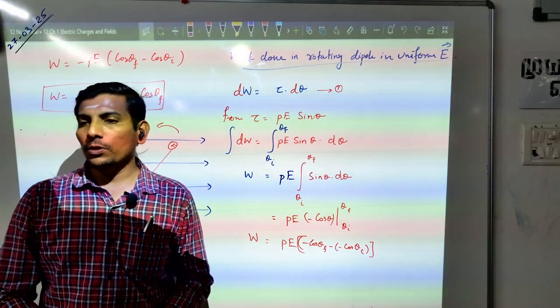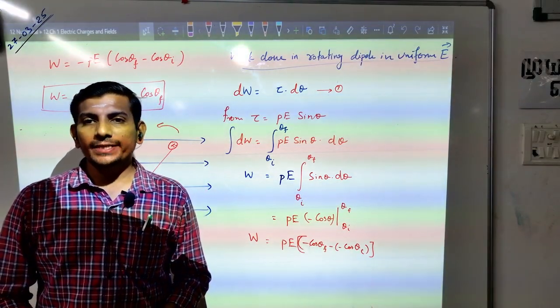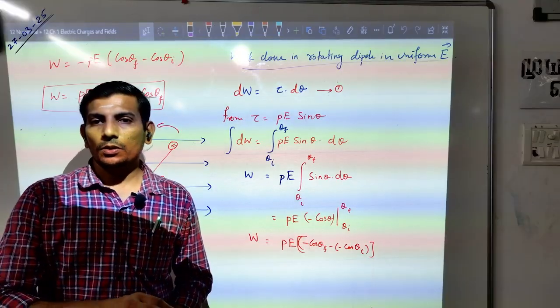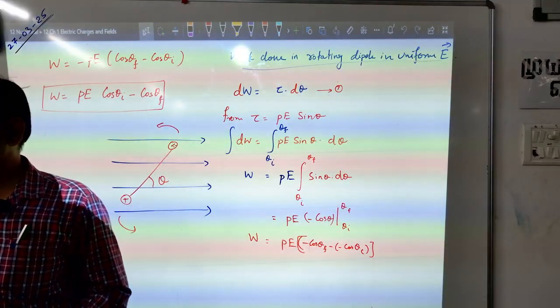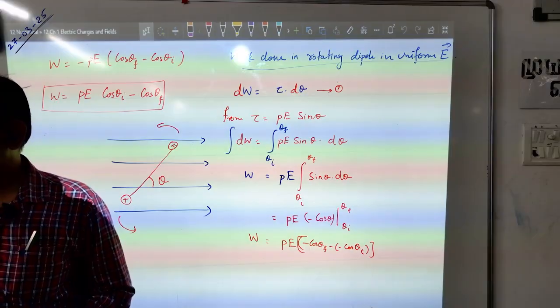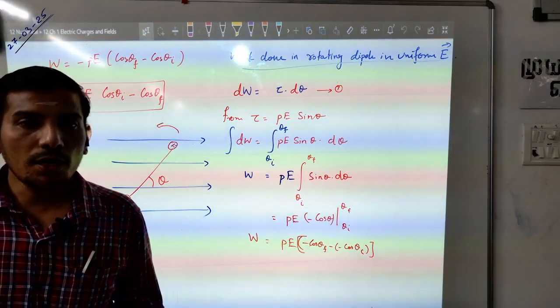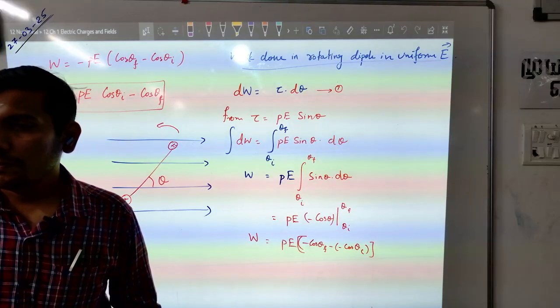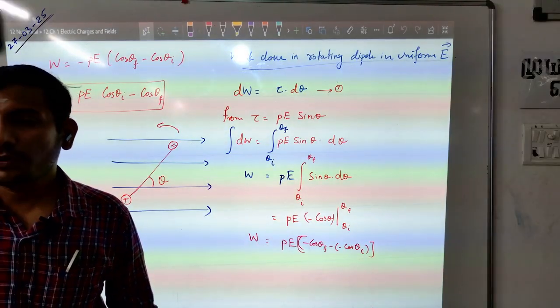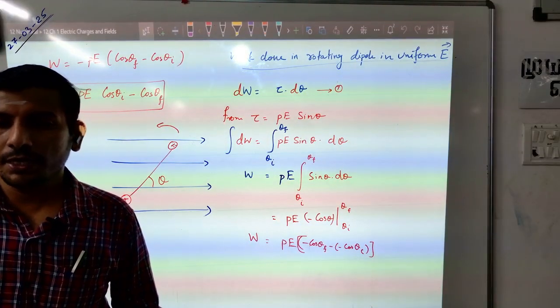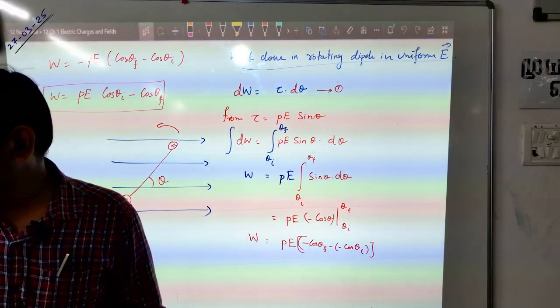From this, can you calculate how much work needs to be done in rotating a dipole from its stable equilibrium condition to unstable equilibrium condition? Calculate the work done required to rotate a dipole from stable equilibrium to unstable equilibrium.